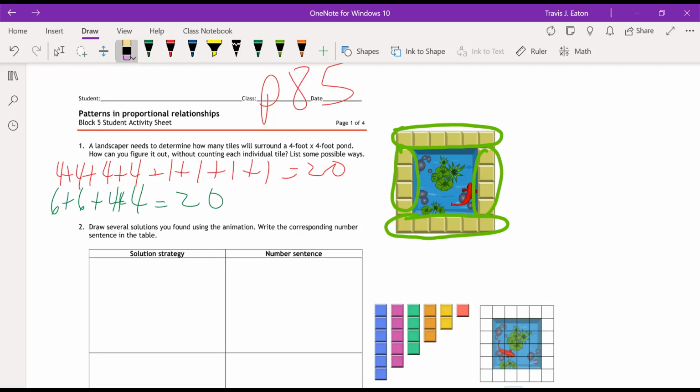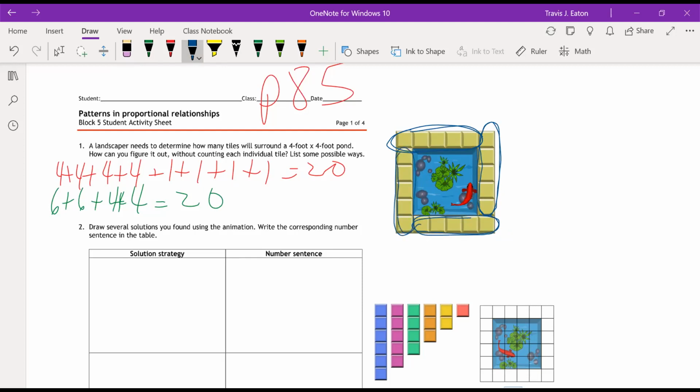Anybody bold and brave? You don't have to be bold and brave if you don't want to. Let's see. Oh, look at this. I found another one. Oh, I'm some kind of genius today. Check this out. There's 5, and then here's 5. Here's 5.